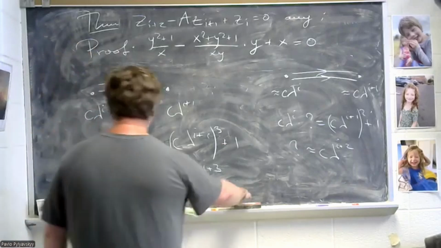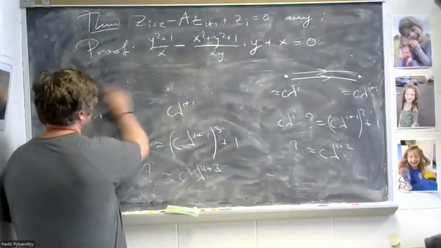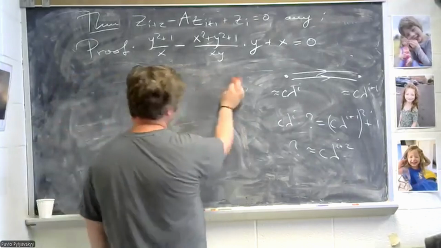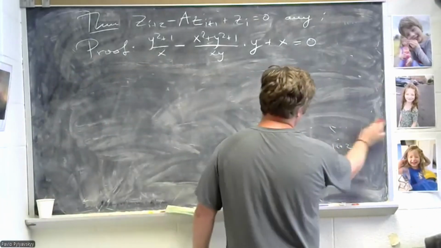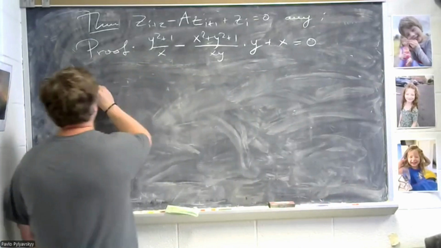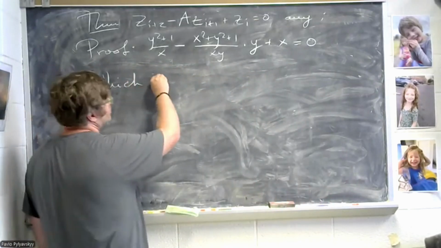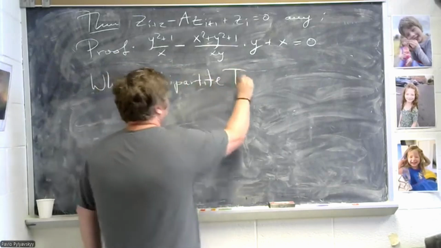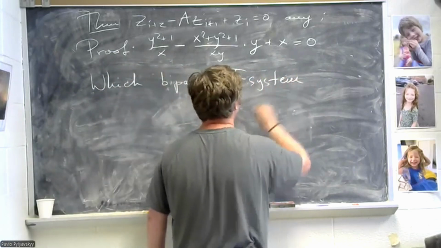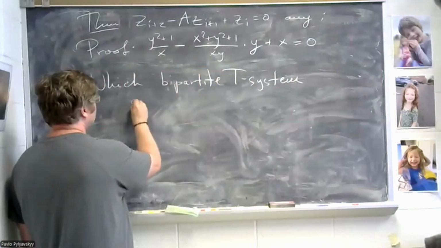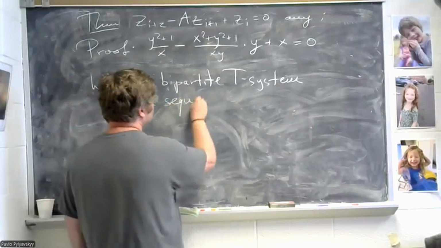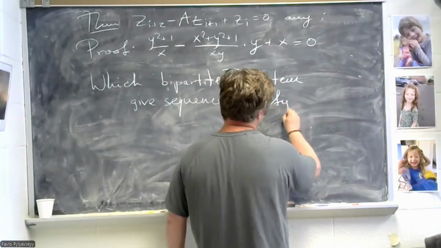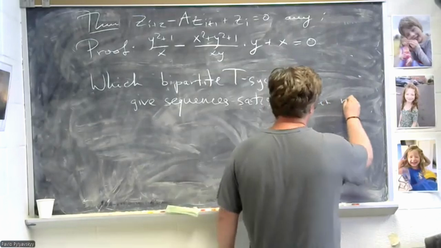So you could ask the following question. You could ask, which bipartite T systems, the same kind we were talking about before, give sequences satisfying linear recurrence.